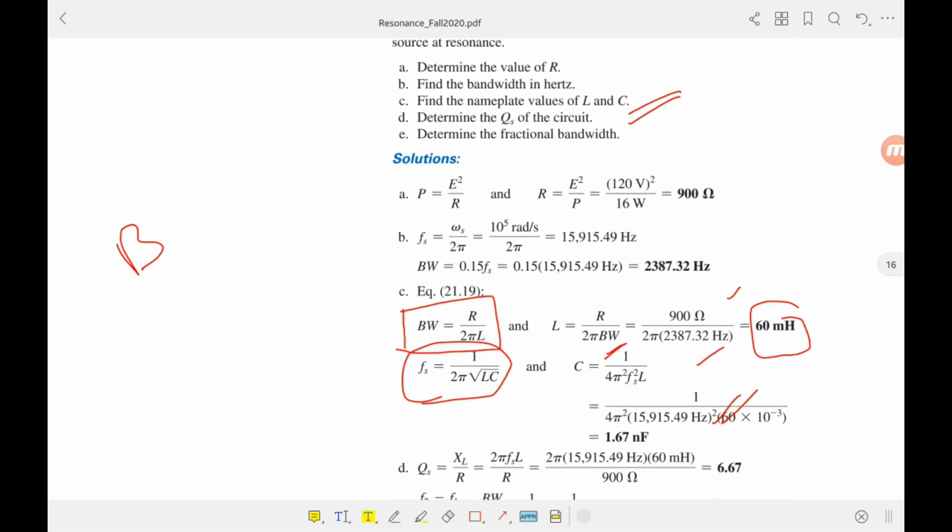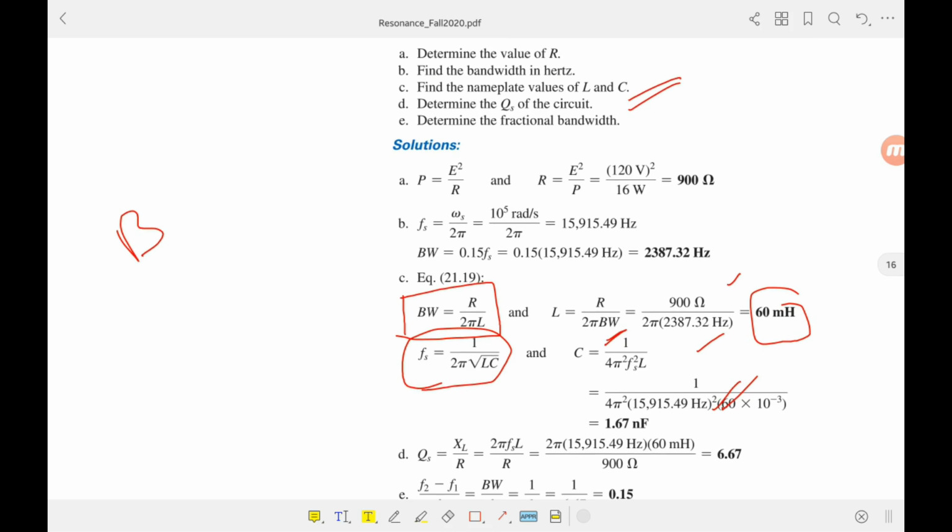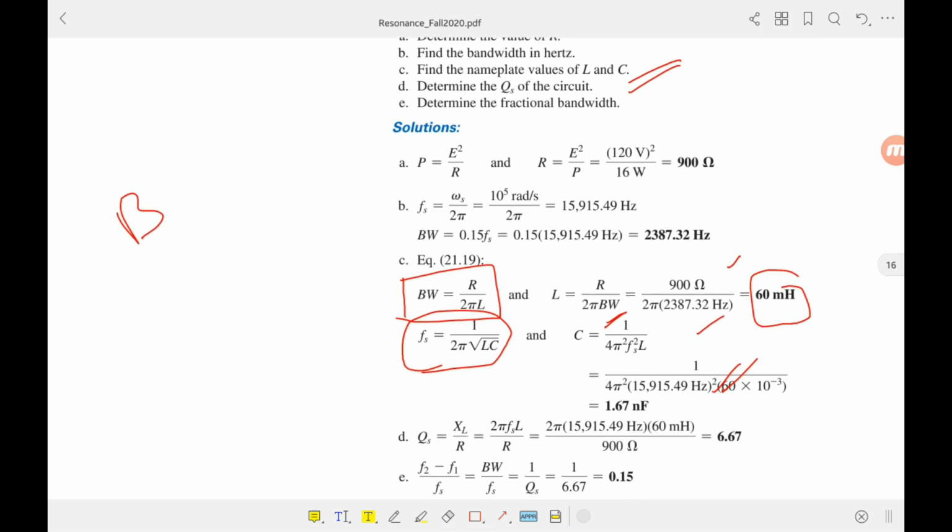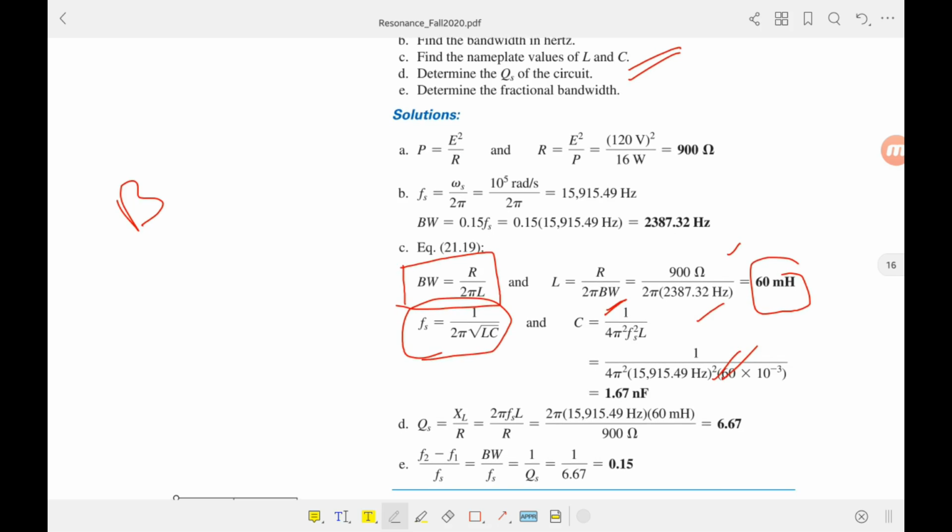And question number D asks you to determine the Qs of this circuit. We know the formula Qs equals XL over R. We already calculated the value of L. So we can write XL equal to 2 pi Fs L, because XL equals omega L, and omega equals 2 pi F. So it is 2 pi FL.